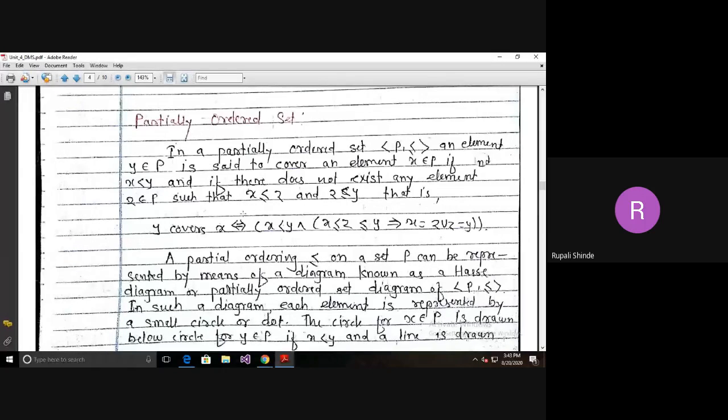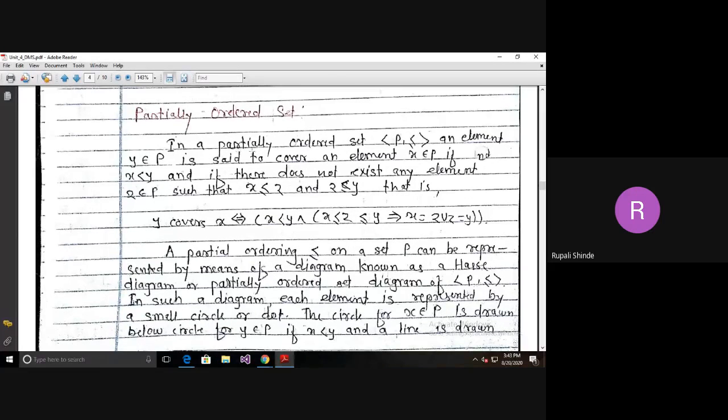Suppose in a partially ordered set P, an element y belonging to P is said to cover an element x belonging to P if x is less than y and if there does not exist any element z belonging to P such that x is less than or equal to z and z is less than or equal to y.